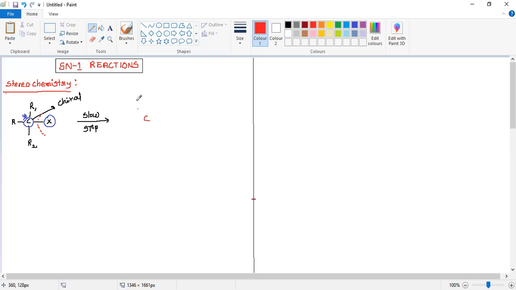Let it be taken as R configuration for your easy process. Just I'm going to write like this: R1, then here it should be R2. Now this carbon of the pi bond, this one here, forms the carbocation.